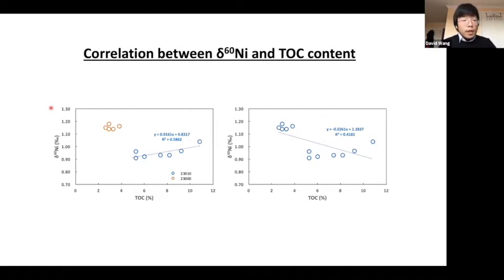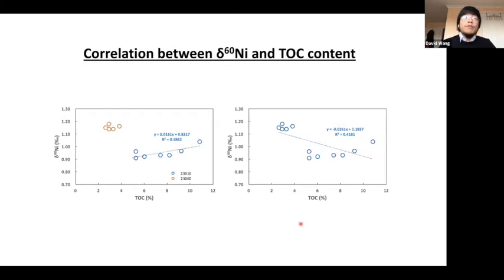So we plotted delta nickel 60 against TOC content, and we do see a weak positive correlation between nickel isotope and TOC in 2310, but we didn't see it in the 2360 core. Overall, it didn't show a clear correlation between these two, which suggests that the TOC content might not be a dominant controlling factor for nickel isotopes here.